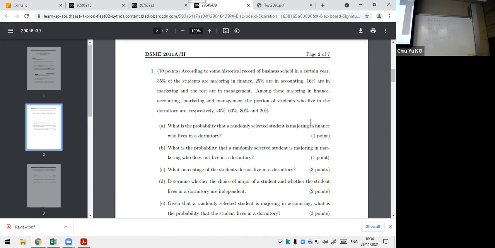Part A is asking for the probability of finance and dorm.